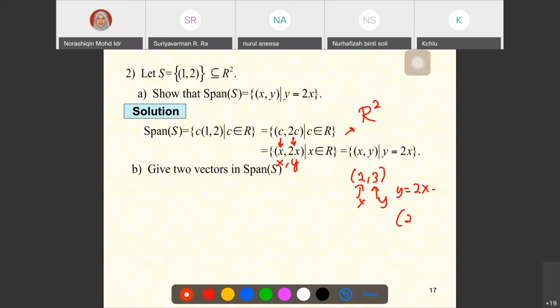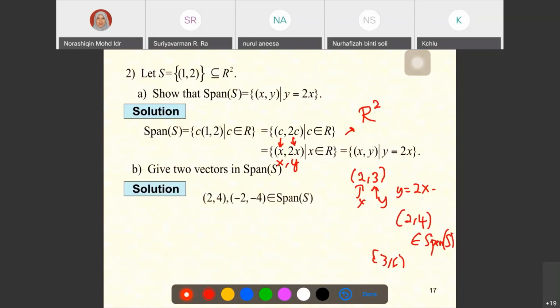That's right. So (2, 4) is in span of S. What else? (3, 6). (2, 6) cannot. (3, 6). Any more? (5, 10). So all where y is 2x. I give (2, 4) and (-2, -4).